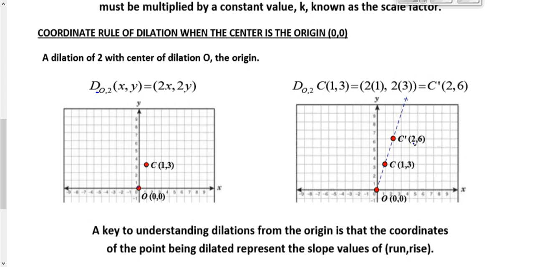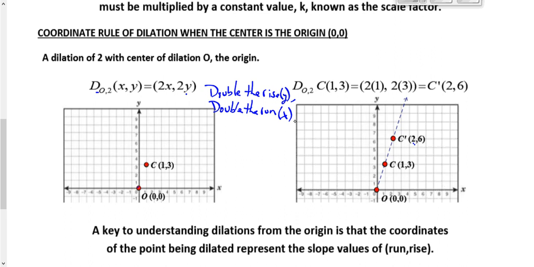Basically, we doubled the rise, which is the y values, and doubled the run, which are the x values. That makes sense?